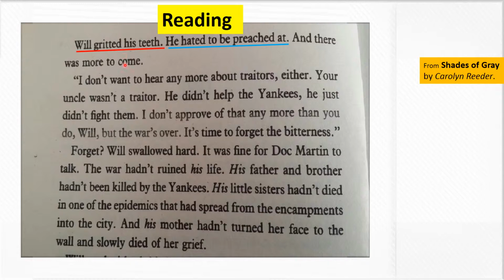And then when we get down to the bottom, she goes into using a complex sentence. His little sisters hadn't died in one of the epidemics that had spread from the encampments into the city. And remember, this is a complex sentence because in addition to it having its independent clause, it also has the dependent clause that had spread from the encampments into the city. And again, that gives me more information about the epidemics.